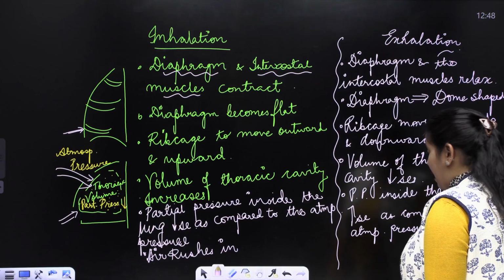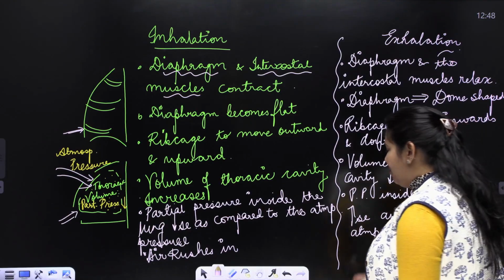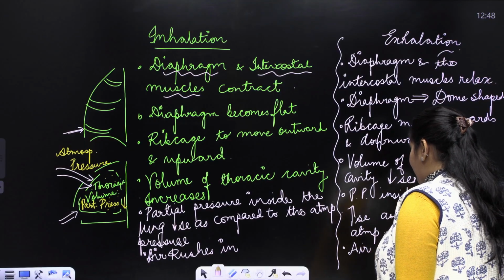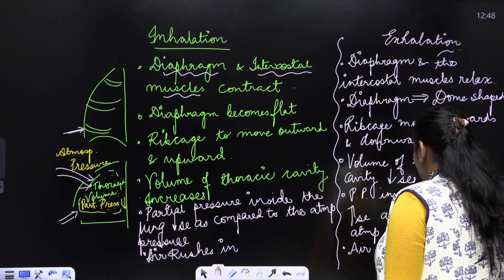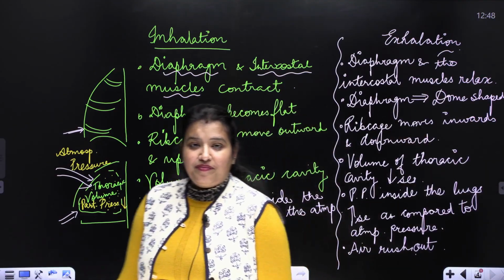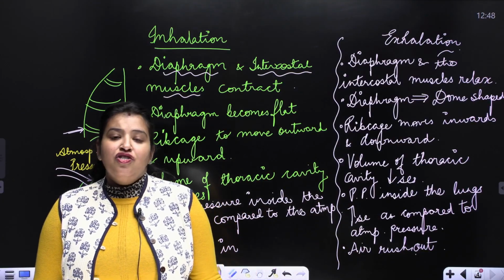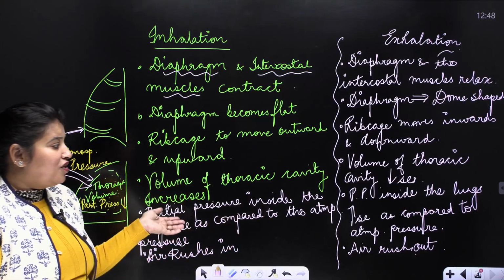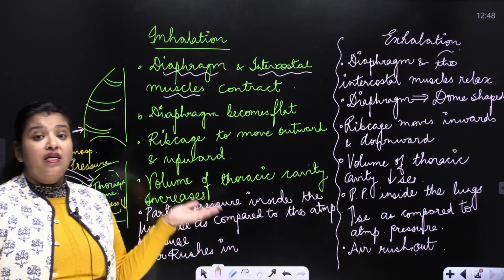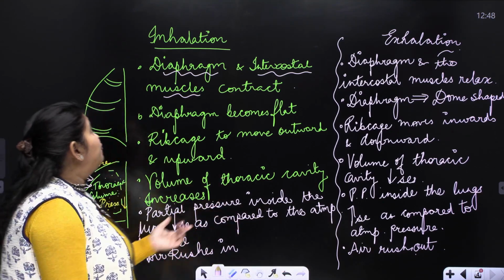Now what is going to happen? Now the air is given out. Air rushes out, resulting in exhalation. All right. So this is how inhalation and exhalation take place. So this is the mechanism of breathing.